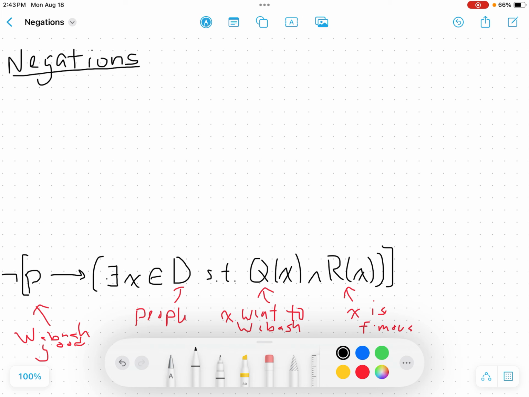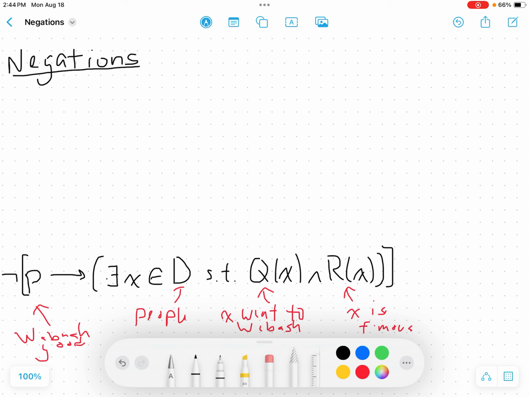But we want to actually see if we can parse that a little bit. In our English translation here, all we'd be able to say right now is that it's not the case that if Wabash is a good school, then there is a famous person who went to Wabash. We'd like to figure out a little better what that actually means.